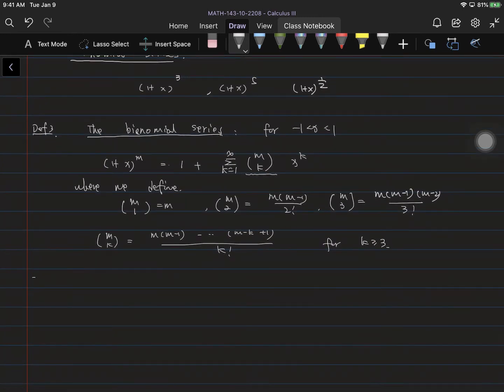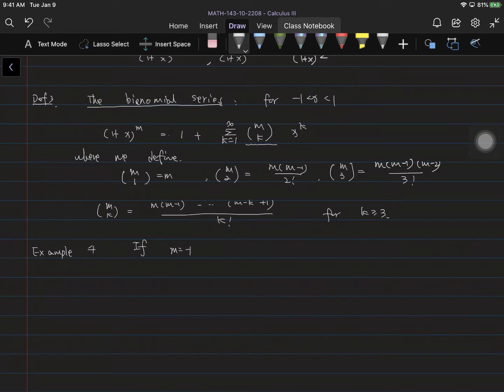Now let's take a look at an example. We start from the easy one. If m equals -1, let's find the first several terms. So m equals -1.